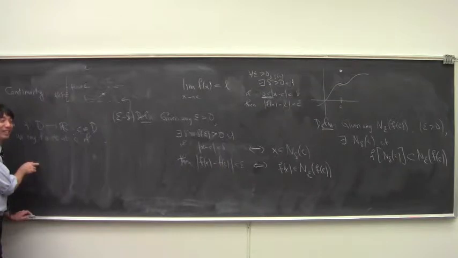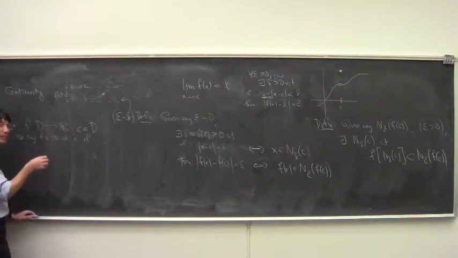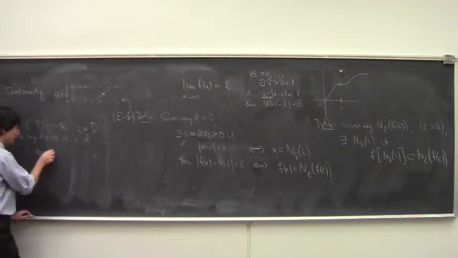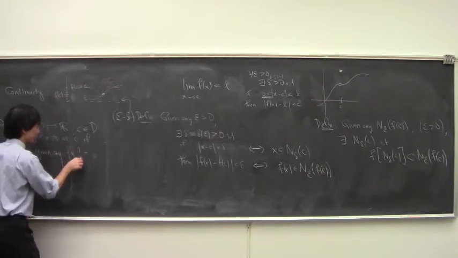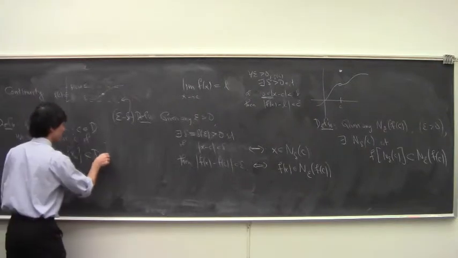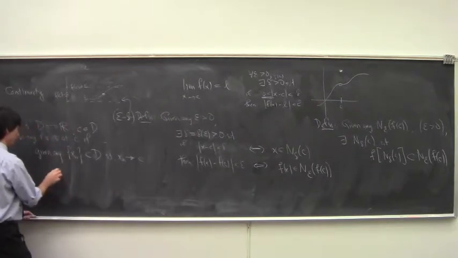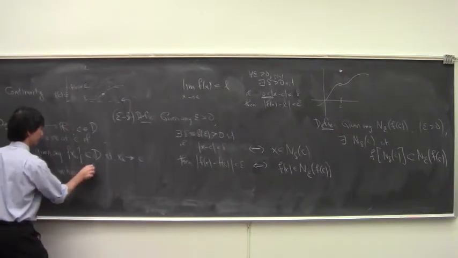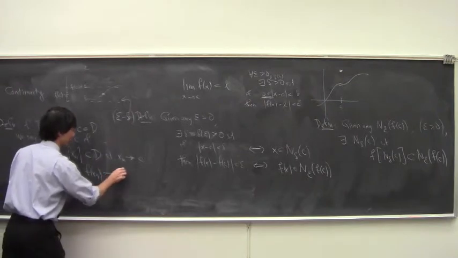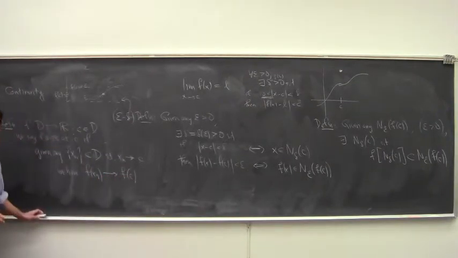If there's a sequence that converges to c in the domain, then the function of that sequence converges to f(c). Yeah, great. The auditing student gets it. If given any sequence in your domain such that x_n goes to c, we have f(x_n) converges to f(c).